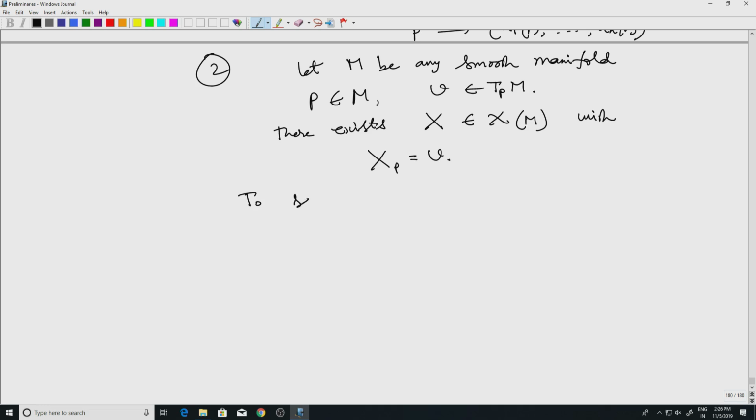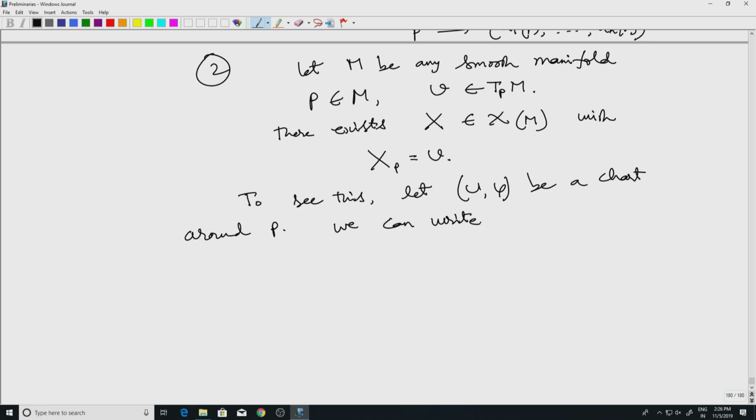To see this, let (U, phi) be a chart around P. As usual, the coordinate vector fields give rise to a frame on U. So therefore we can write V equals some constants Ci del by del xi at the point P, where the Ci are just real numbers.